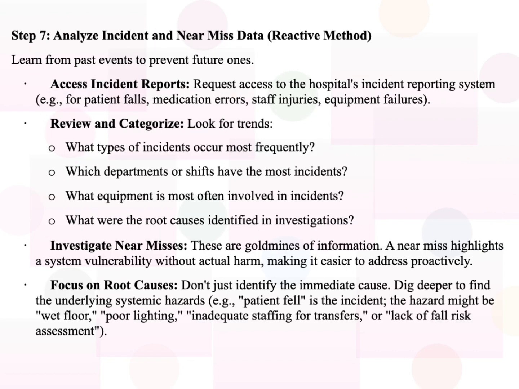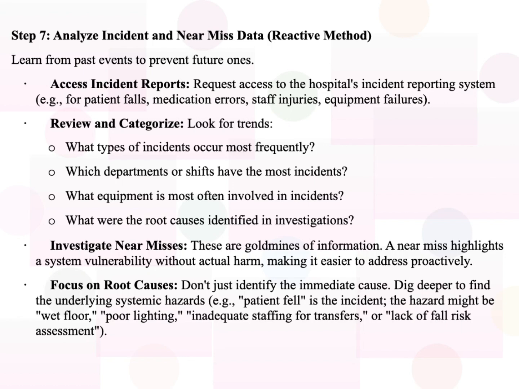Step 7, analyze incident and near miss data. Reactive method. Learn from past events to prevent future ones. Access incident reports. Request access to the hospital's incident reporting system, for example for patient falls, medication errors, staff injuries, equipment failures.